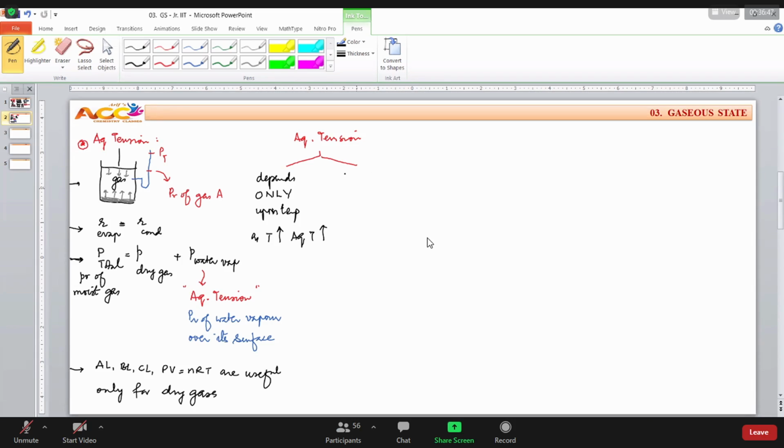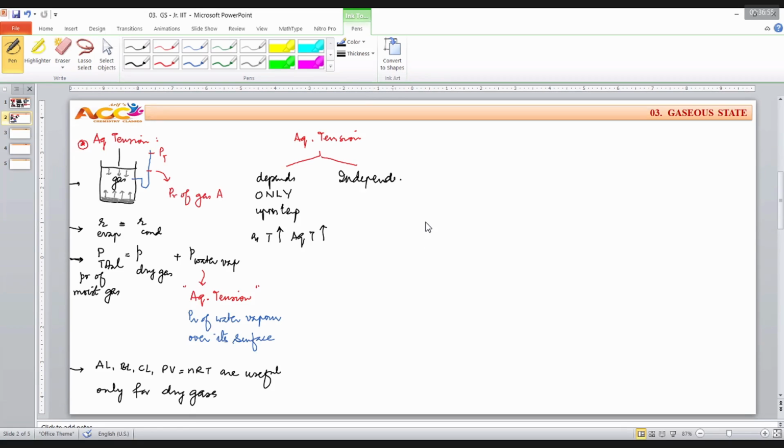Achha sir, okay. If it is asked as independent, the examiner is much more interested in this because you people are very much fond of taking -1 mark in this case. For example, he will ask you, beta, whether the aqueous tension depends upon quantity of water. Your mind says, yes, sir.